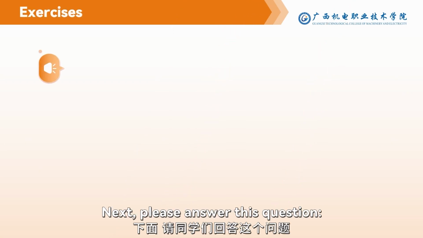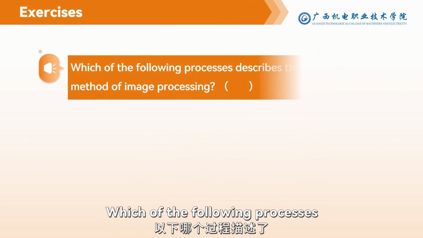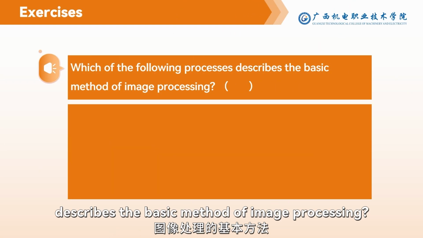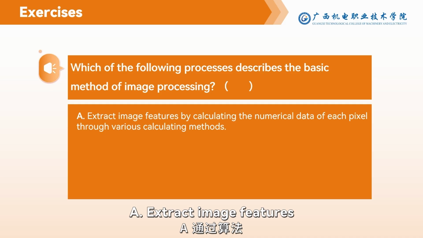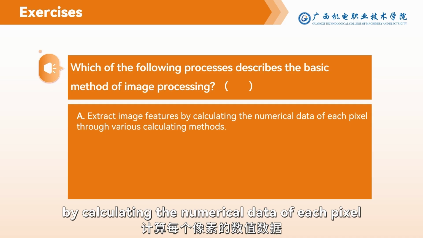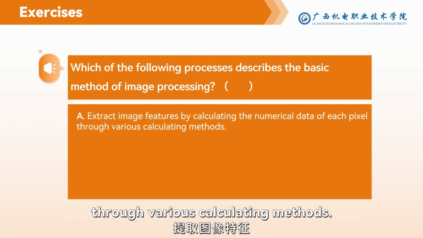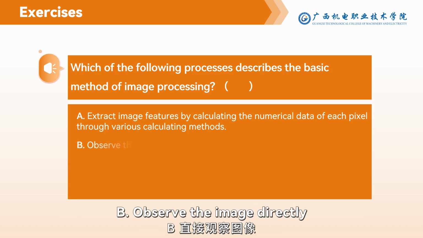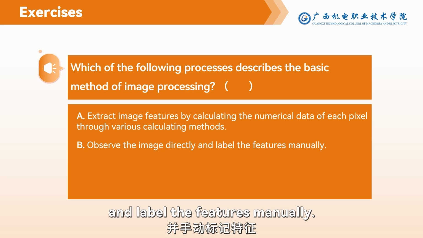Next, please answer this question. Which of the following processes describes the basic method of image processing? A. Extract image features by calculating the numerical data of each pixel through various calculating methods. B. Observe the image directly and label the features manually.